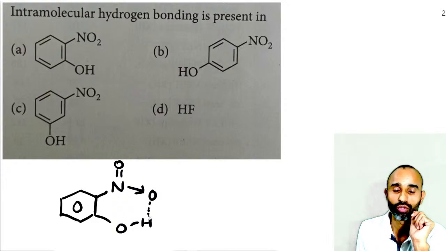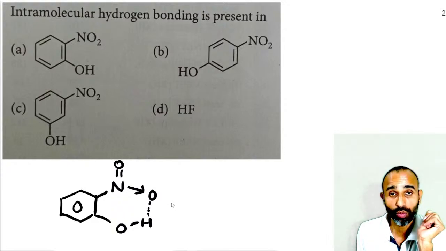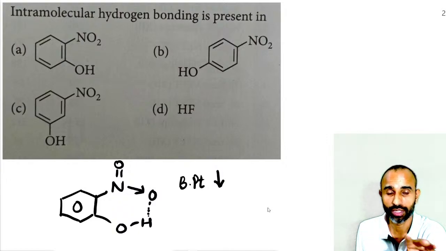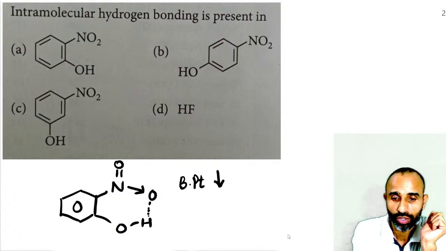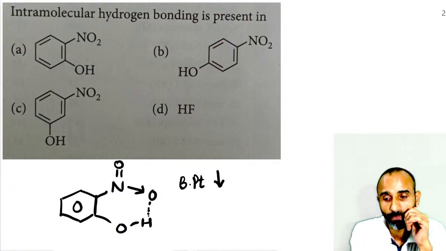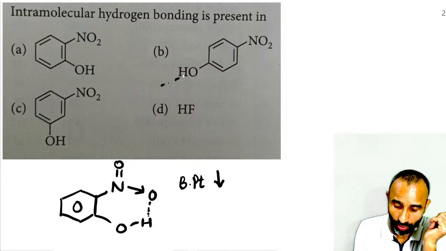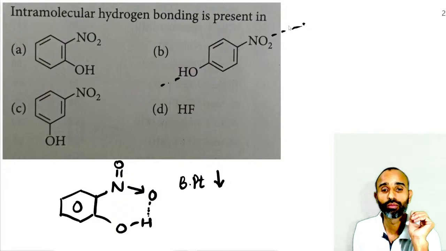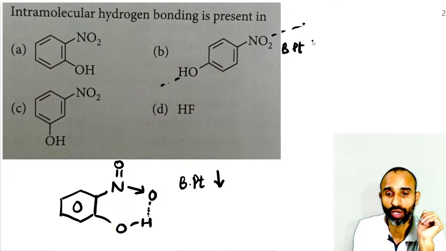This is orthonitrophenol, and because of intramolecular hydrogen bonding, the boiling point decreases, because it is stable on its own, so it becomes isolated. But in intermolecular hydrogen bonding, the boiling point increases.